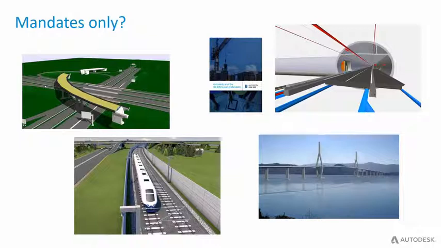And the latest example is from Croatia, Pelješac Bridge, basically a bridge between the mainland and the Pelješac peninsula, which will be designed in LOD, level of detail 400, and this country does not have any mandates.